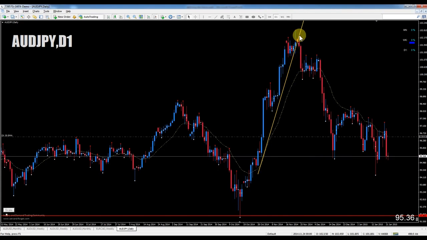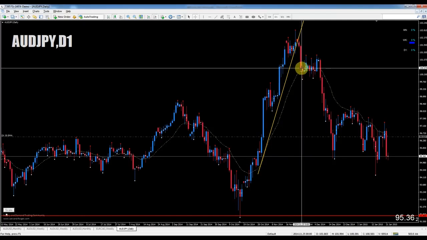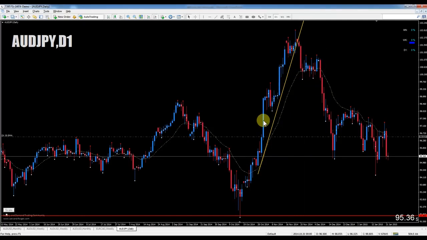As soon as we have the trend line broken, and the trend line break is defined by at least one full OCHL candle, open, high, low, and close underneath that trend line, then we consider that the trend line has been broken. We don't need just a close, but a full OCHL candle. Once this candle closes there, the trend is in consolidation mode.